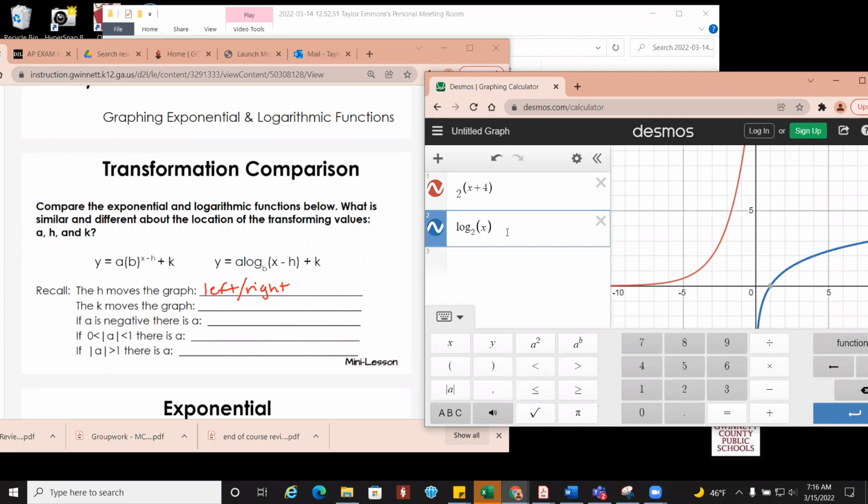What did that do to the equation when I put plus 4? It moved it left, right? Okay, so one thing I want you to note on here is that it's the opposite of the sign. Okay, and what I mean by that is since we put plus 4, it moved left. Normally you think right, right?